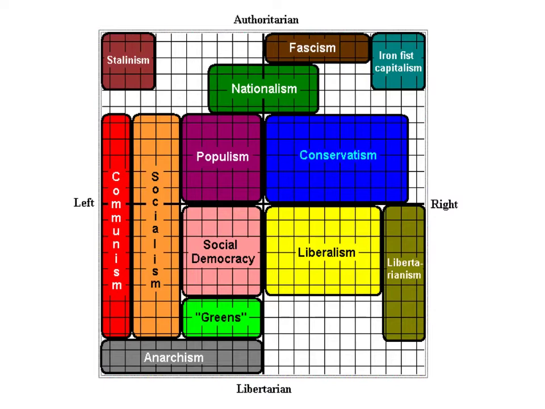In the yellow box just below conservatism, liberalism, we say liberalism here not in the sense that it's used in modern American politics, but in the classic European sense. The liberals of, say, the 19th century wanted a decreased role for the monarch throughout Europe. They wanted more political and economic freedoms in a lot of ways.